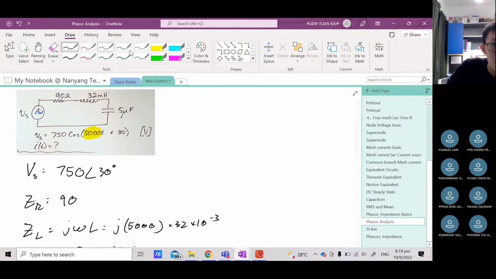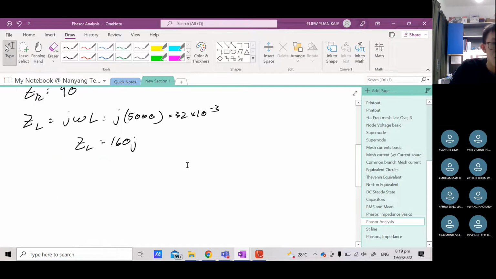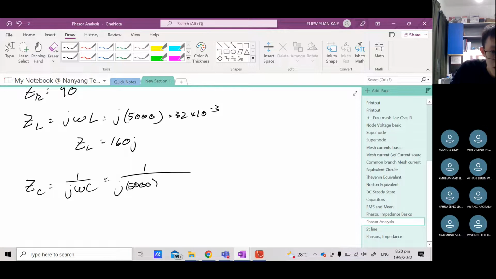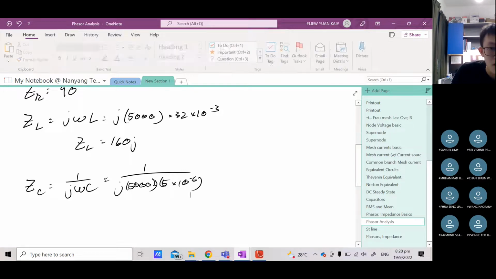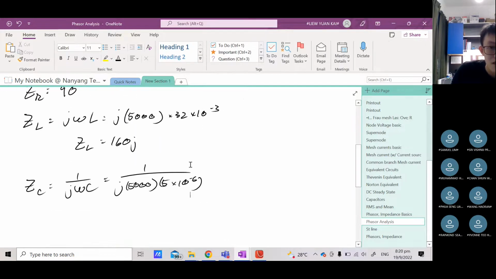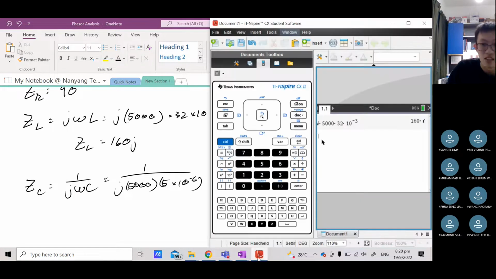Then we want to find the impedance of the capacitor. So remember, impedance of the capacitor is 1 over J omega C, which is 1 over J times 5,000 radians per second times the capacitor is 5 times 10 to the power of -6, if I remember. 5 microfarads, correct? Yes, 5 microfarads. So let us calculate this answer.